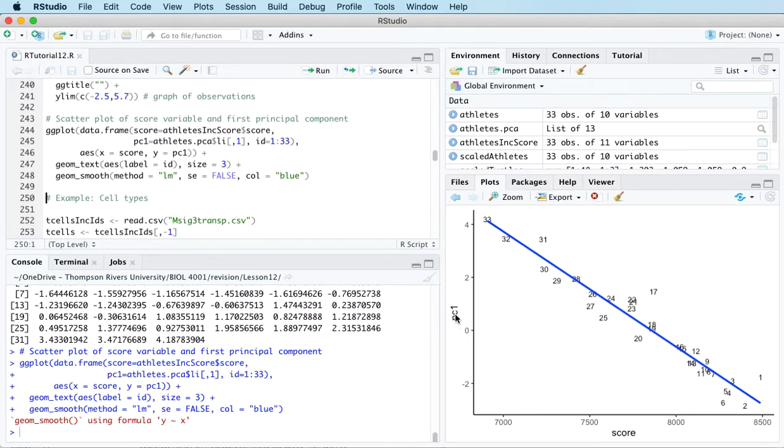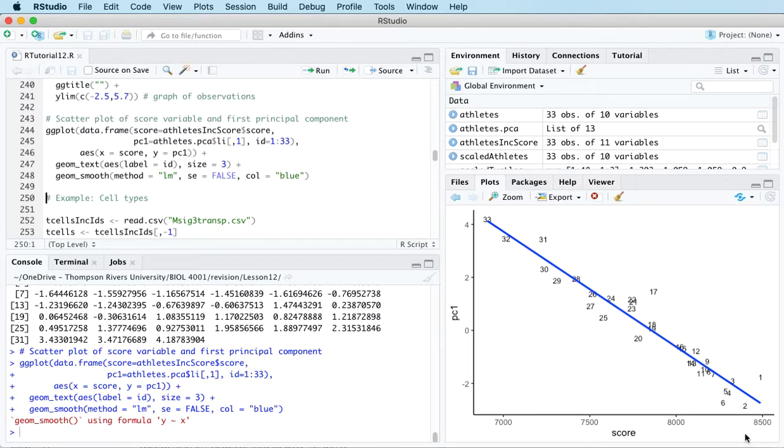In terms of the PC1, the first principal component, according to that score, it should have been athlete number 2 that did the best, but it was actually number 1 that got the highest score. And then the second highest principal component 1 score was number 6 on the overall score.